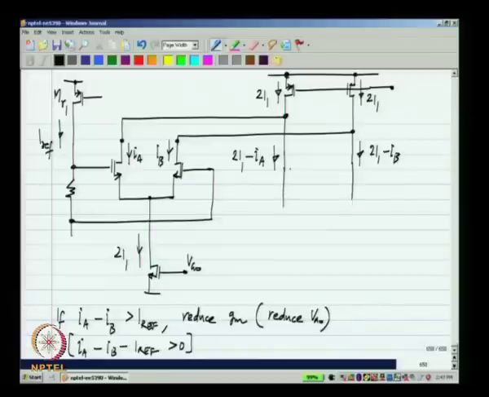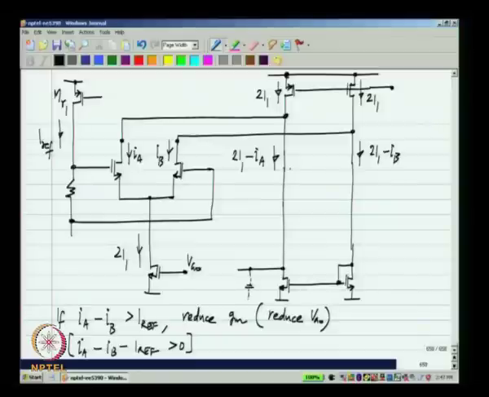Now using another current mirror arrangement, imagine a parasitic capacitance here, so that we can see which way the voltages go.